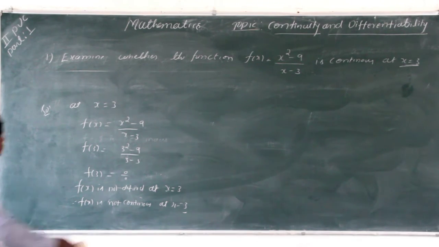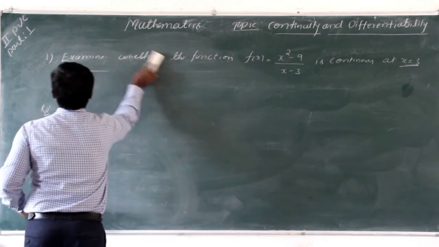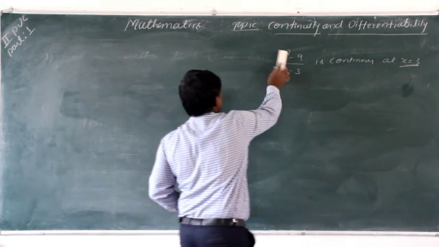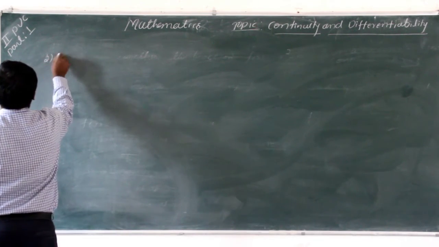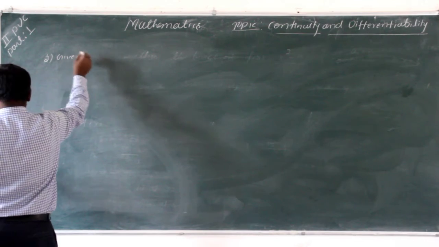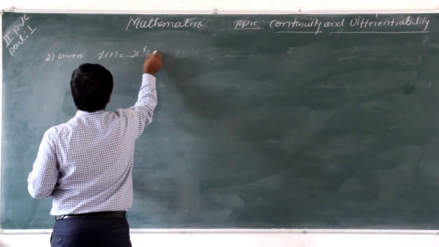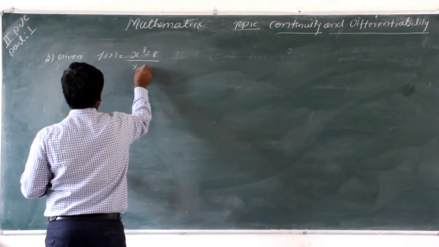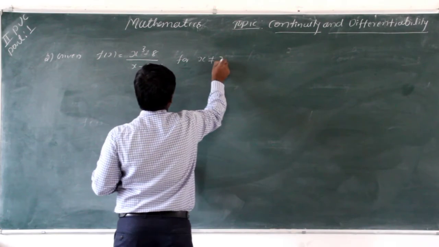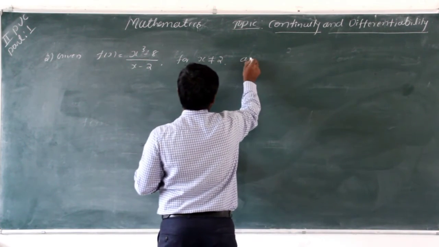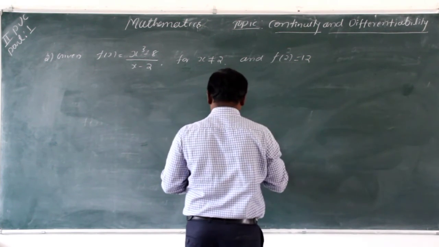Next problem. Given f of x is equal to (x cube minus 8) divided by (x minus 2) for x not equal to 2, and f of 2 is equal to 12.